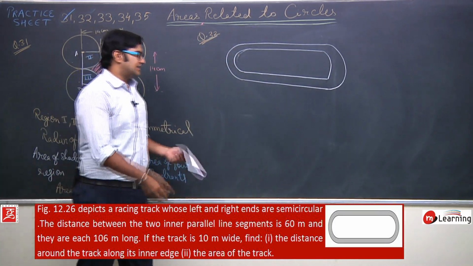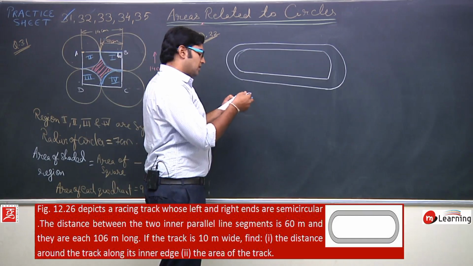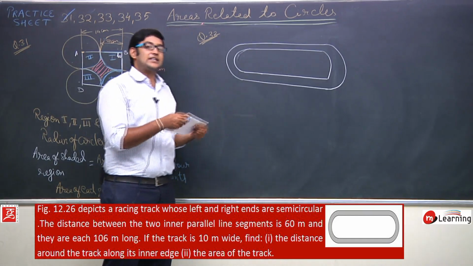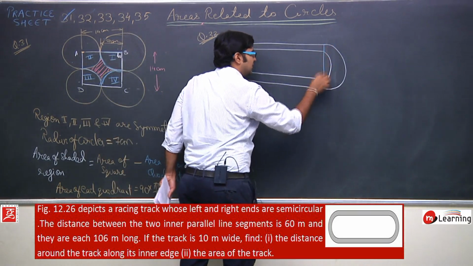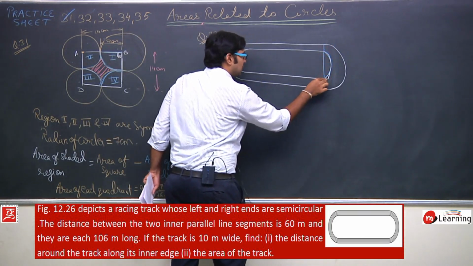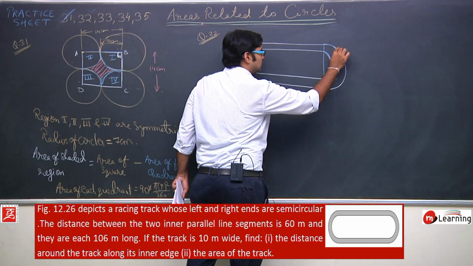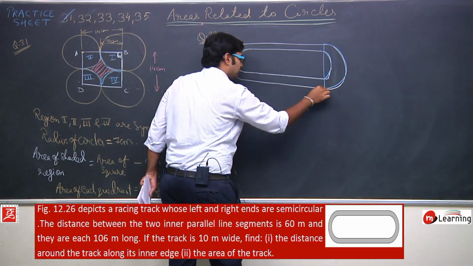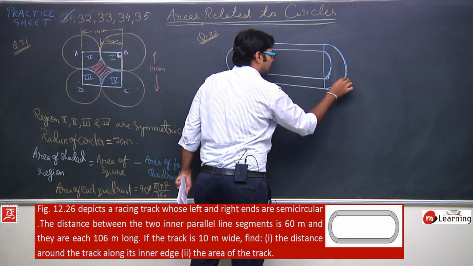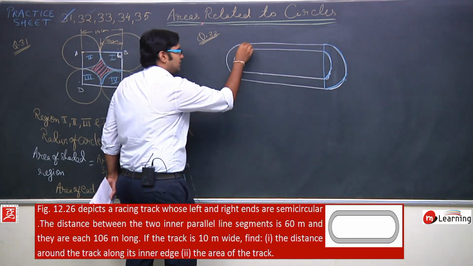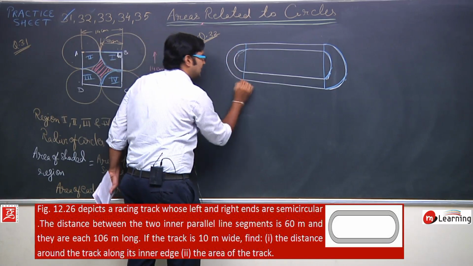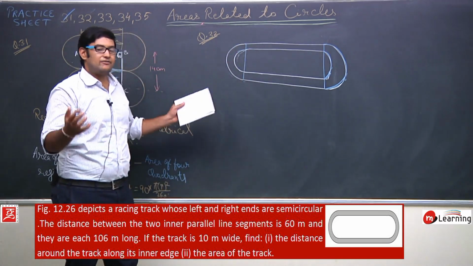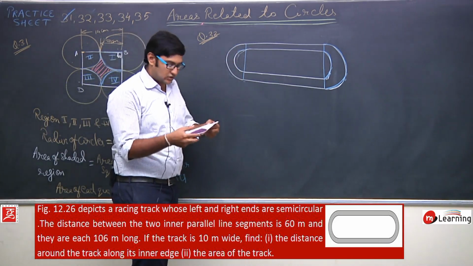What it says is the left and right ends are semicircular. So this is one of the ends, this is a semicircle, and this end is also a semicircle like this. This is one semicircle, this is the second semicircle. The left and right ends are semicircular.